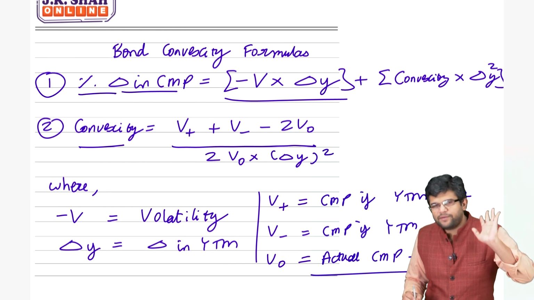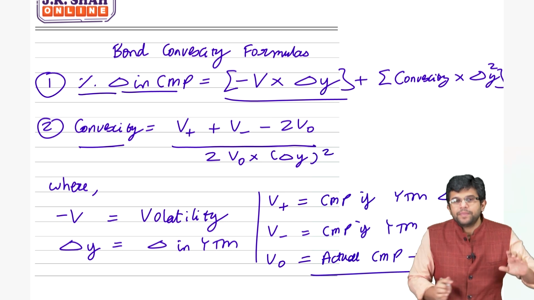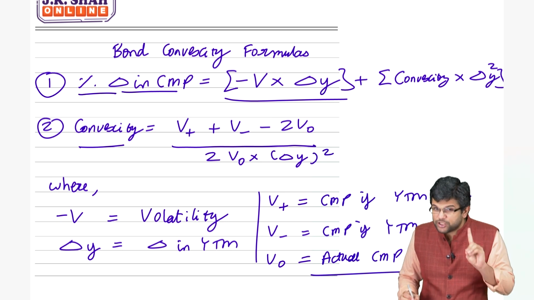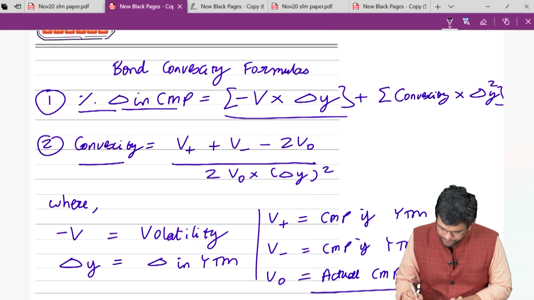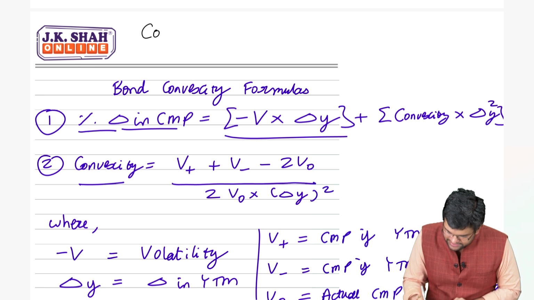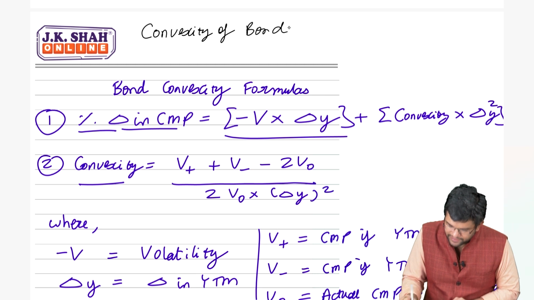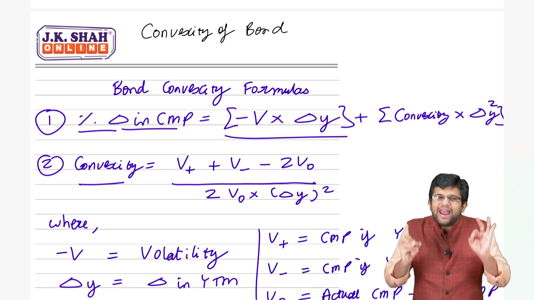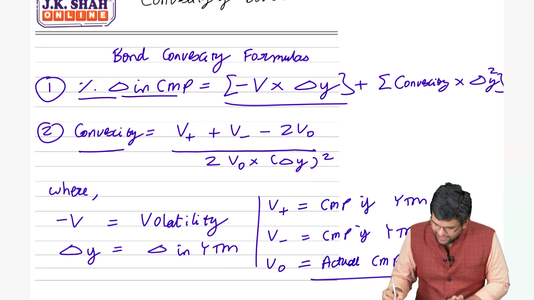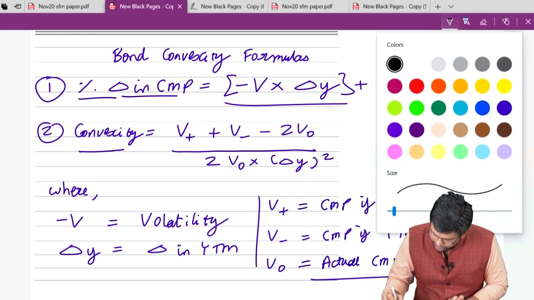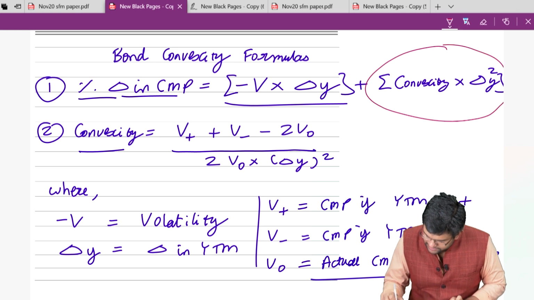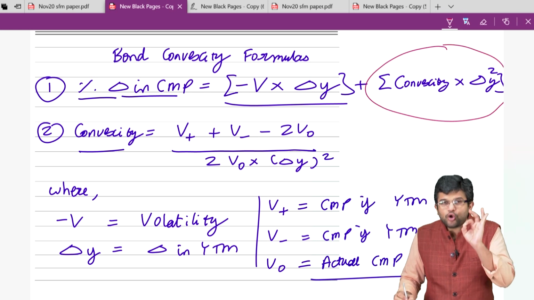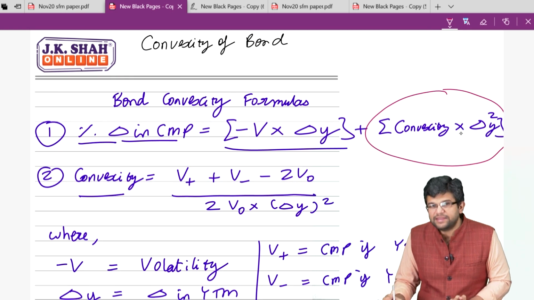Now, two things I want to tell you, and after that we'll end this video. Children, as far as the institute is concerned, please be very, very attentive. If they ask you in the exam convexity of bond or just calculate convexity of bond, they are expecting you to calculate this particular circle. Everybody clear? If they ask you convexity, they are asking you basically this circle.